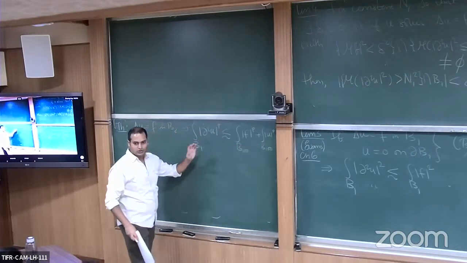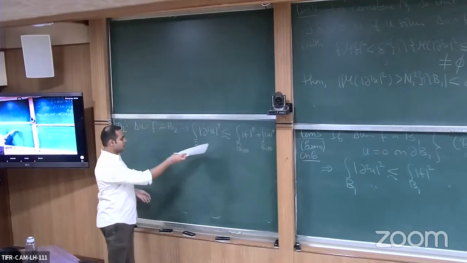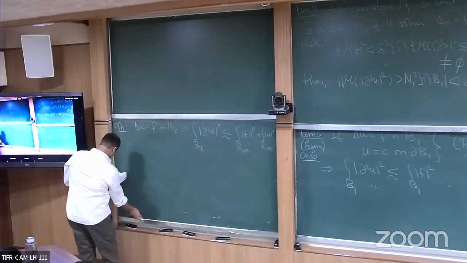Because we are not doing it, we don't have boundary values and all. The estimate, B1 to B100. This is what we do.